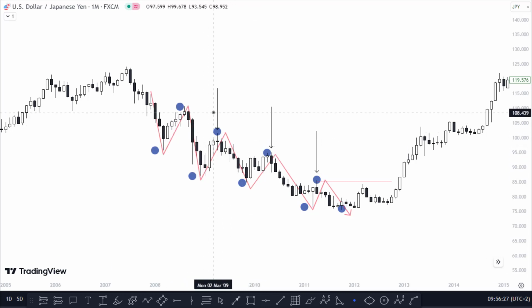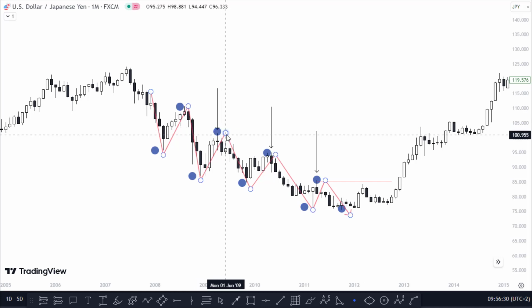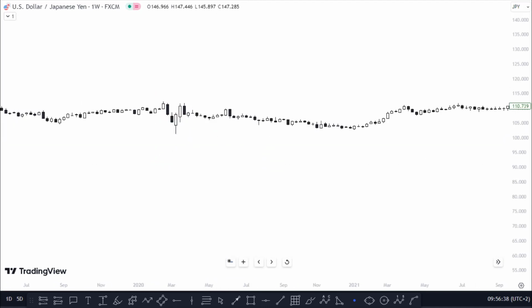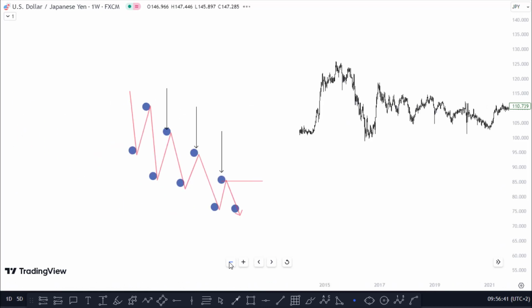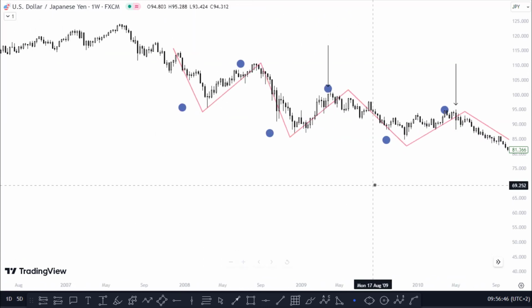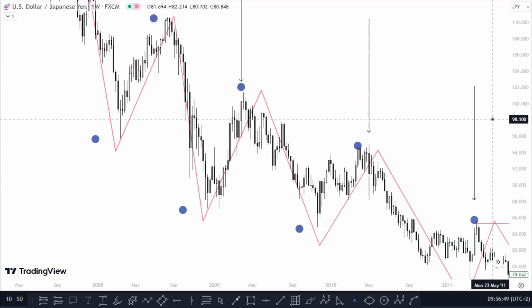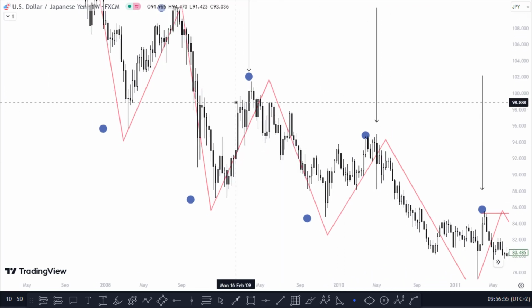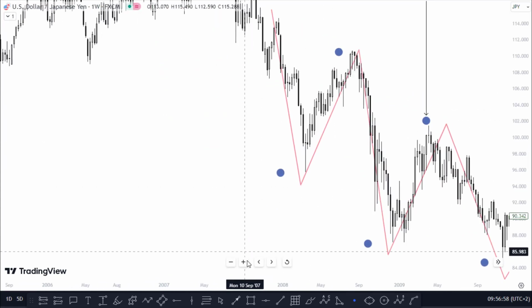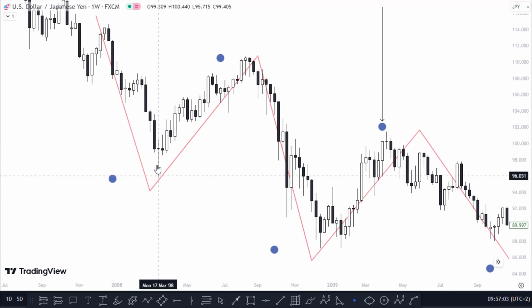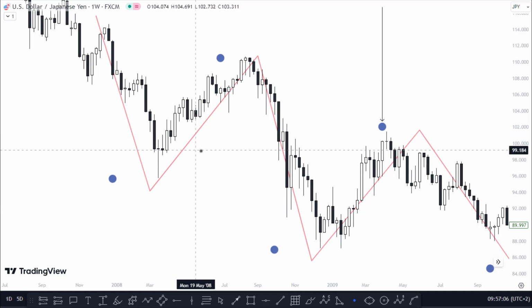So I'm dropping lower to a weekly time frame. On weekly time frame, you can easily see how the market was switching with this clear rejection, creating a new structure, guys.